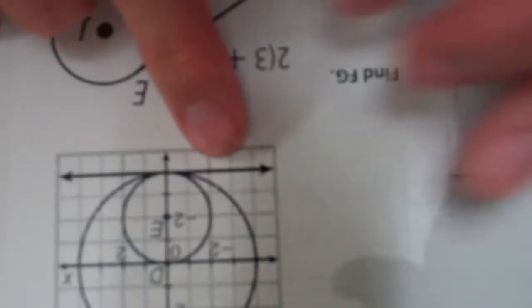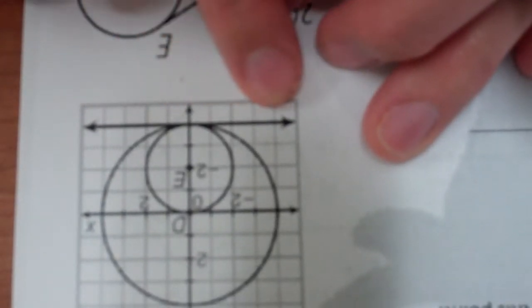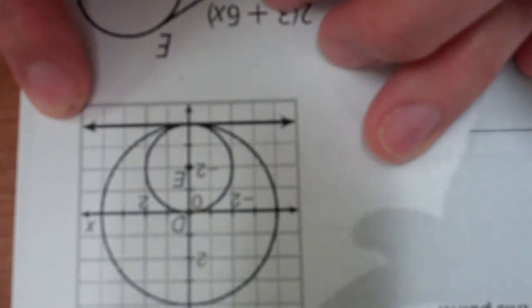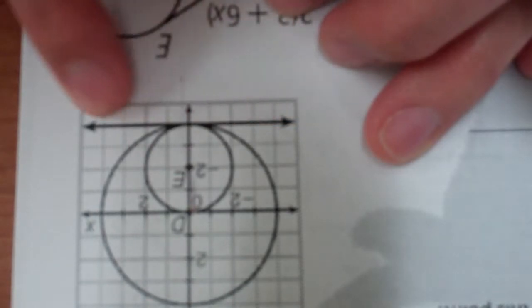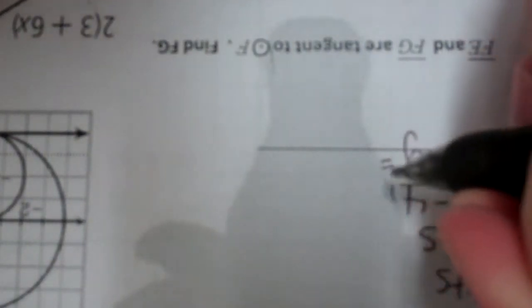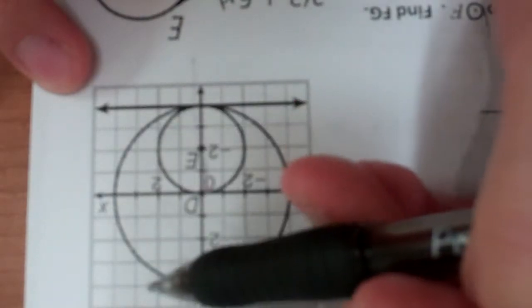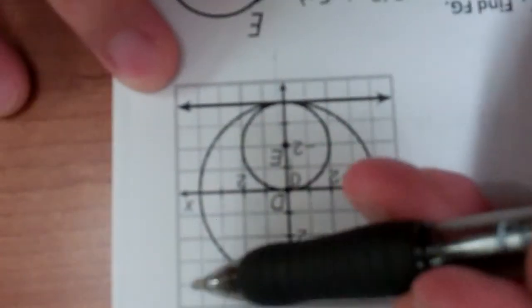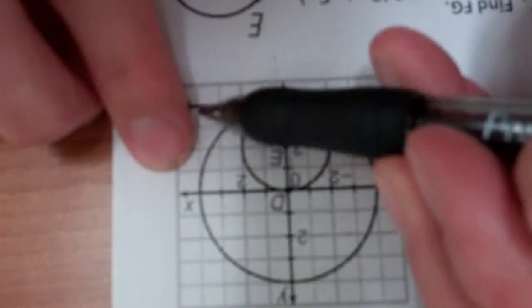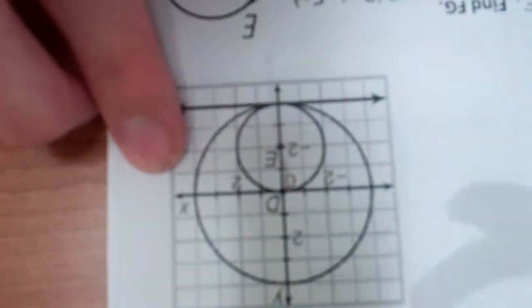And the equation of the tangent line. Here's our tangent line. In this case, our tangent line is horizontal, so it's going to be y equals negative 4. Had it been vertical, up and down, it would have been x equals whatever coordinate it crosses on the x-axis.